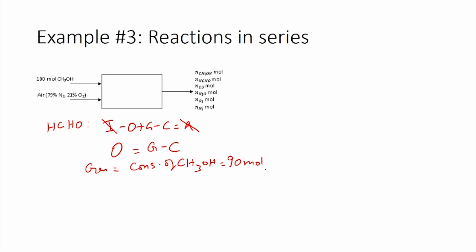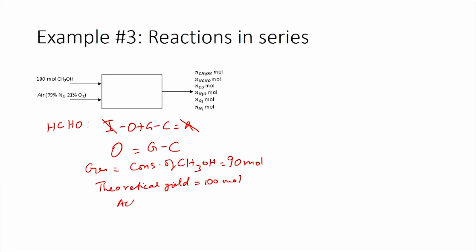We have been told that the actual yield is 75% of the theoretical yield, thereby what we observe as the output would be only 75 moles of formaldehyde. So, as I said, theoretical yield of formaldehyde would have been 100 moles.